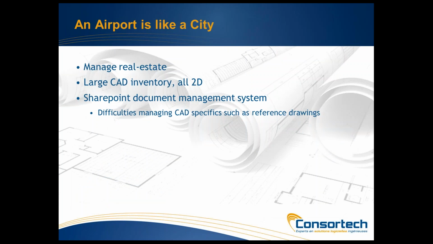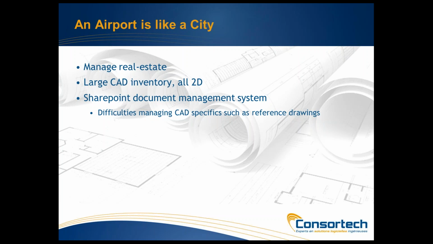So I think Dean said it before, an airport is kind of like a city. They actually manage everything on their grounds. They manage everything from their real estate, their buildings, their facilities, but they also manage all of their infrastructure as well.